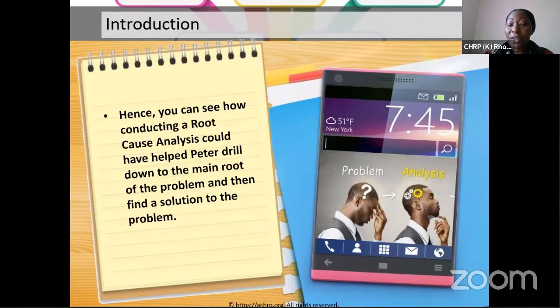Hence, you can see how conducting a root cause analysis could help Peter drill down to the main root of the problem, like we have drilled, and then find a solution. Now, with those 3 facts, what do you think will be the solution? First, Peter is new to the role, and he didn't know what was causing the 500 error.